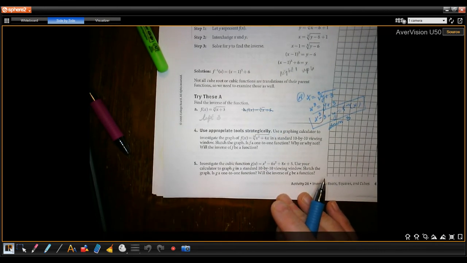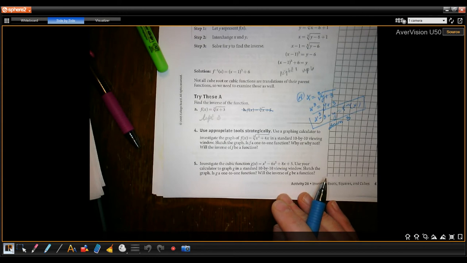Okay. Then it says use a graphing calculator to investigate the graph of the cube root of x squared plus 4x in a standard 10 by 10 viewing window. Sketch the graph. Is f a 1-to-1 function? Why or why not? Will the inverse of f be a function? Let's find out.